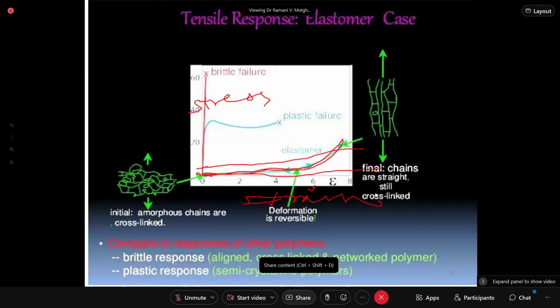The strain is so high and long on the x-axis, whereas stress applied is very small. So when for a small stress there is a huge strain, then they are the elastomers, and your hard and brittle polymer will be like this, and your thermoplast or plastic material will be like this, or they will be showing something like this.